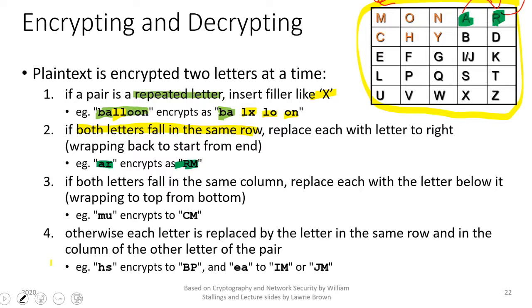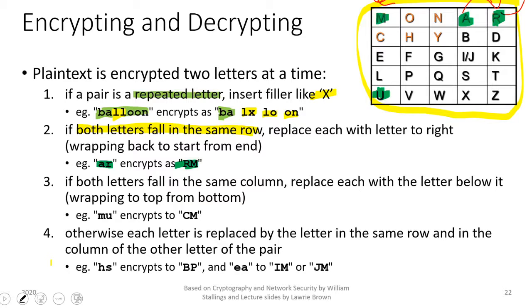Then if the two letters are in the same column, say for example M and U, we wrap around, but now going one below.